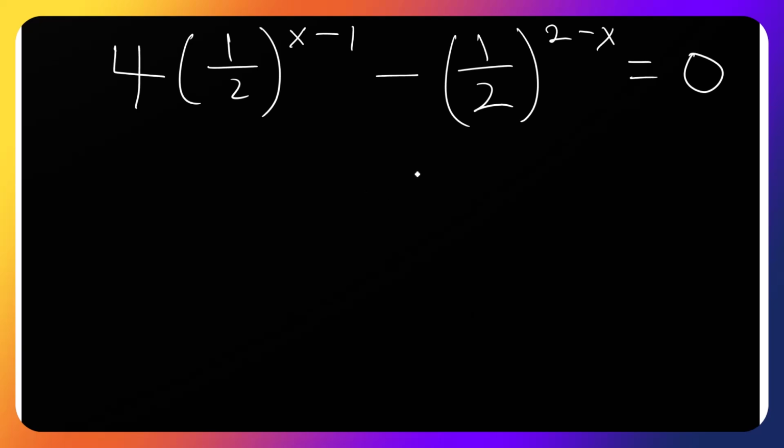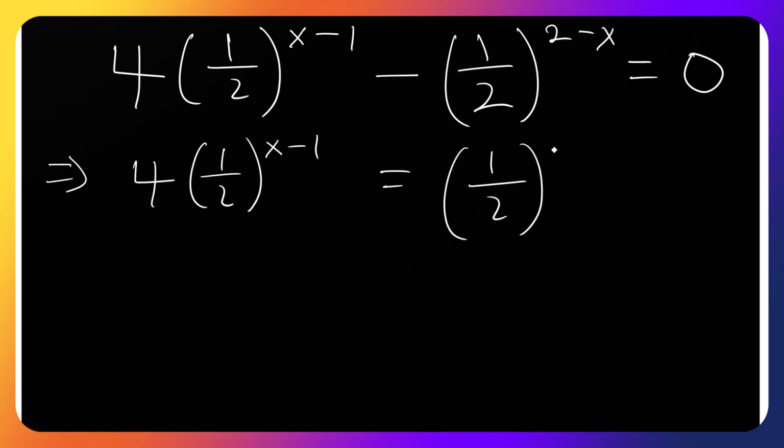Now the only problem here is this, okay, the minus here. So what we are going to do is to send one to the other side so that we can adjust them, then compare the powers. So I will say 4 times half raised to x minus 1 equals, so this one here will be half 2 minus x.